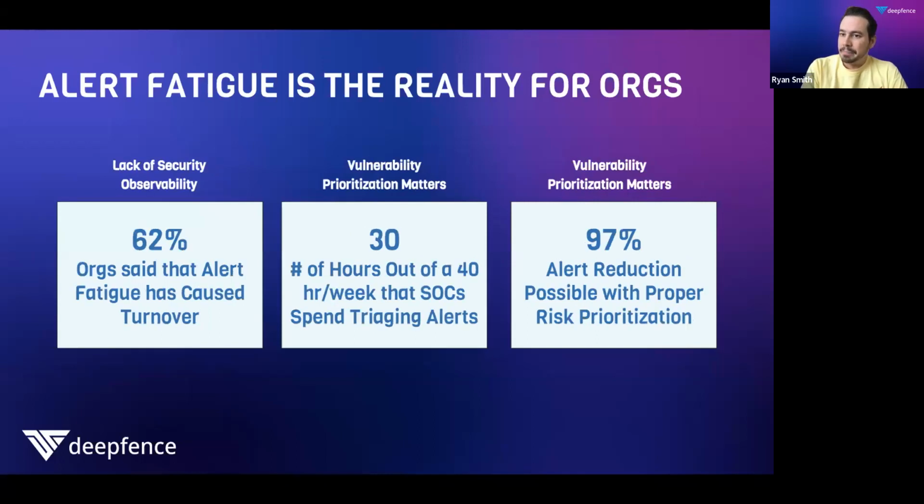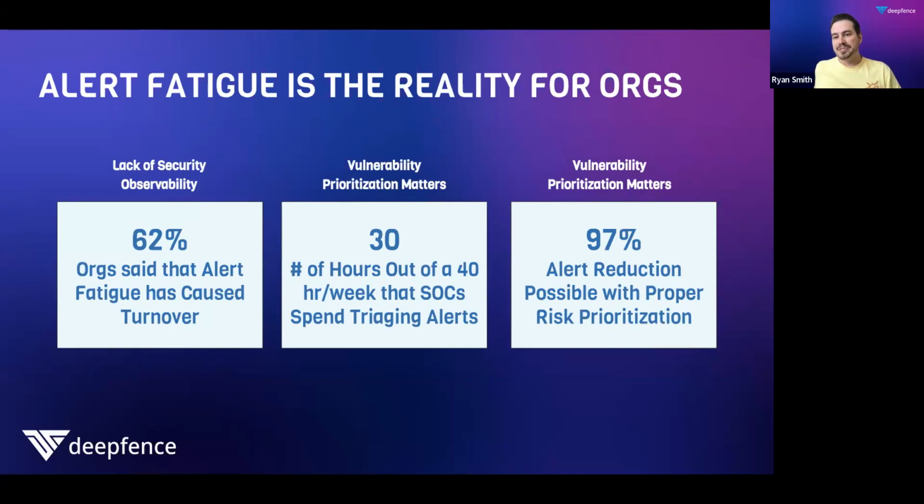It doesn't just impact our security posture, though. It impacts our resourcing and our people, and our efficiency within our security operations in dealing with different types of alerts. So 62% of organizations have said that alert fatigue has caused turnover for them within their staff.